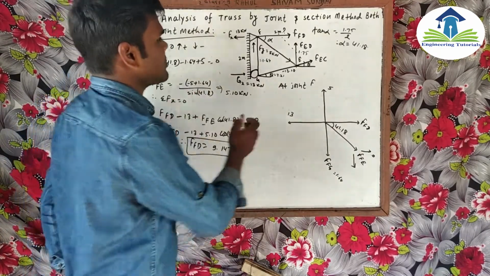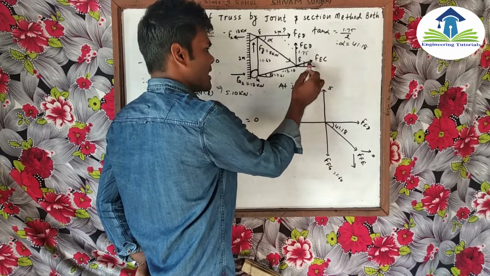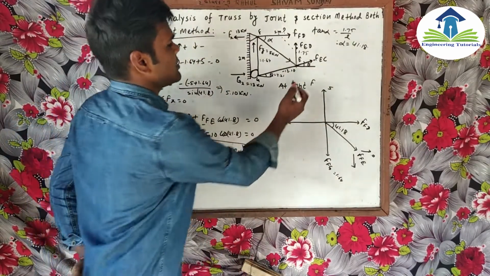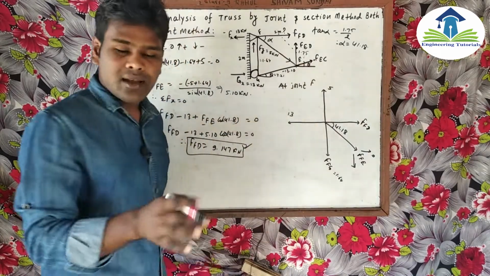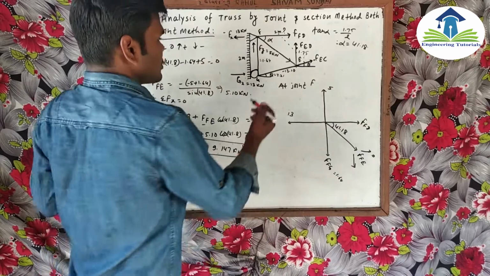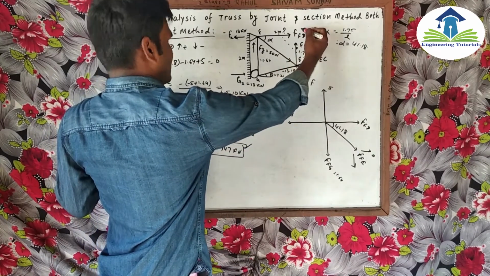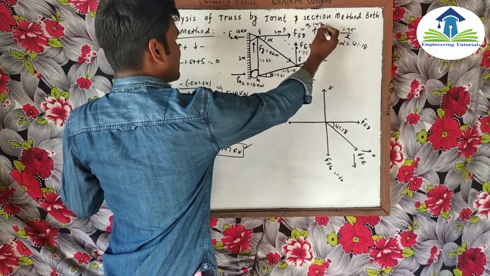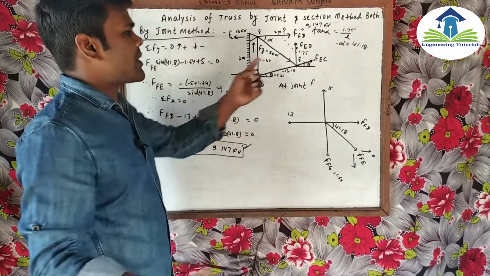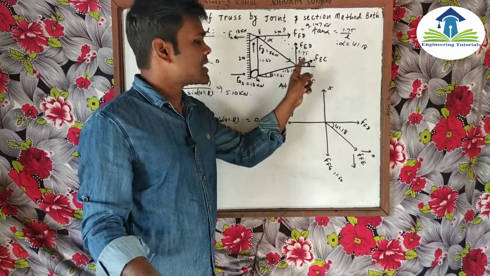Now we have to calculate this value and this value. So now we are going to take joint E, so we can find both values. We have calculated this value as 9.147 kilonewton. Now we take joint E, so we can find both values FED and FEC.